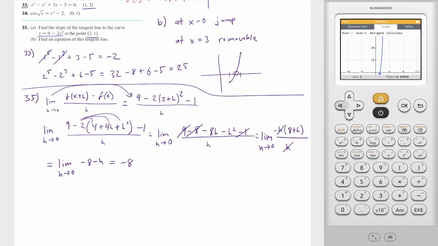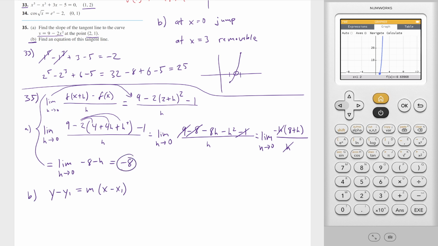Now, the second part, part B, is asking for the equation of this tangent line. So all this right here, this is all part A. Now we're going to do part B. And for part B, I can just use the point slope form. y minus y1 equals m times x minus x1.